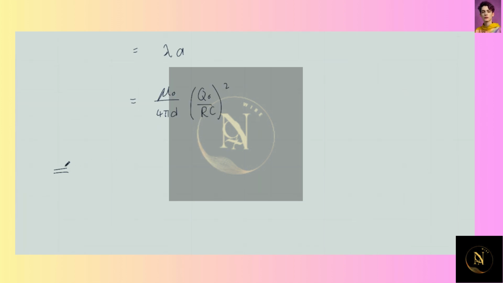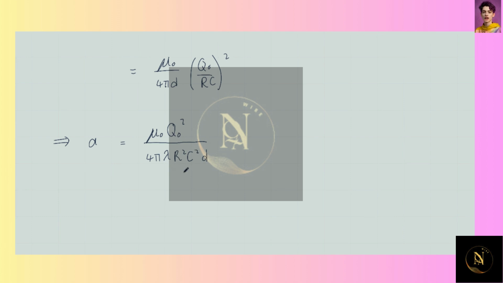So if we rearrange this and solve for the initial acceleration of the wires when the repulsive force becomes active, it is mu naught times q naught squared divided by 4 pi times the mass per unit length lambda times R squared times C squared times d.